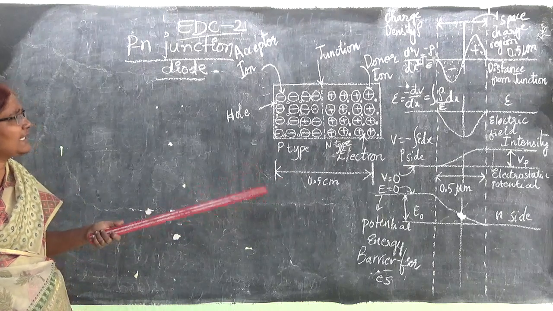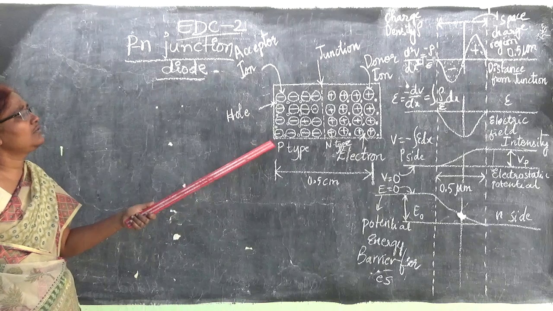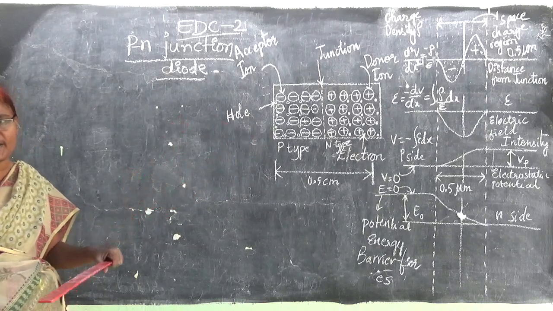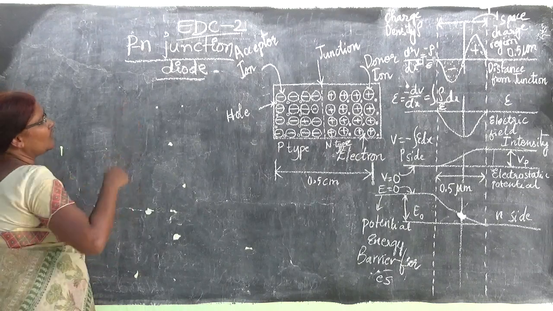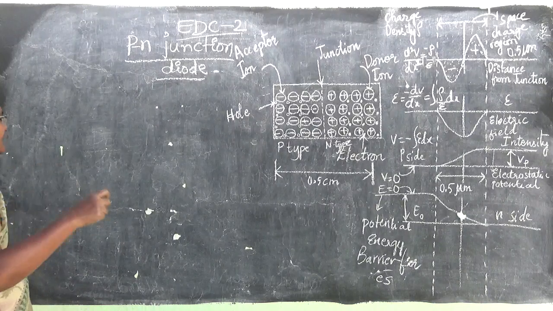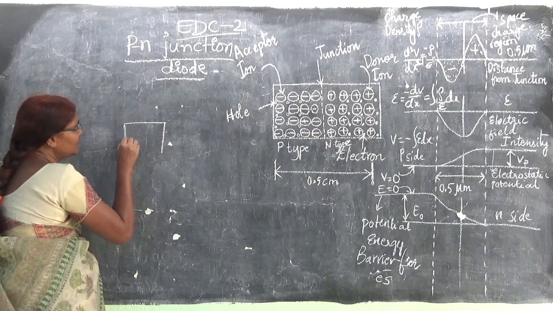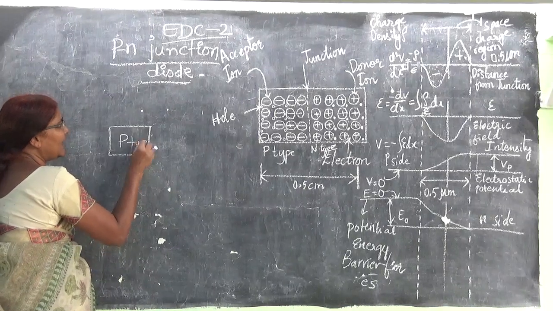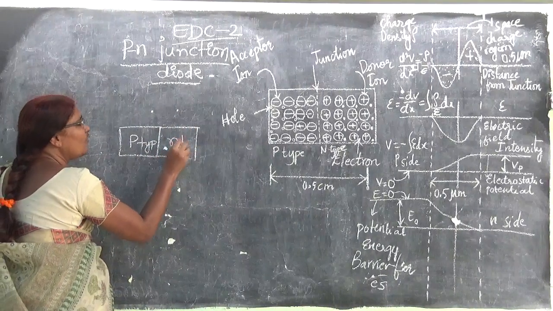Nowadays technology has developed very fast, so we have so many devices other than silicon and germanium, right? So we know germanium and silicon are the two semiconducting materials. If we place a p-type semiconducting material and an n-type semiconducting material side by side, what happens?